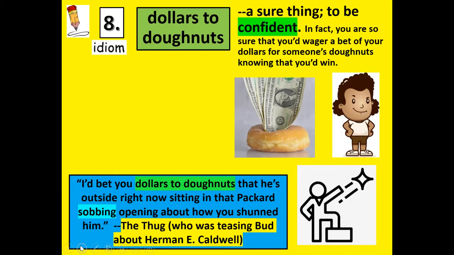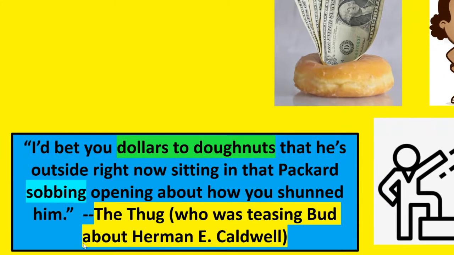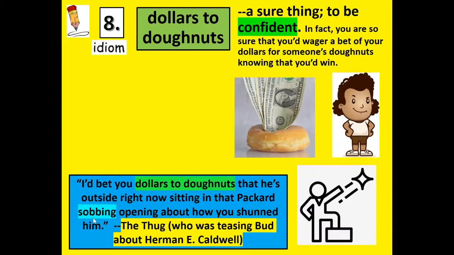And then here's our quote. I'd bet you dollars to donuts that he's outside right now, sitting in that Packard, sobbing, carrying on about how you shunned him. And this is the thug who was teasing Bud about Herman E. Calloway, called Herman E. Calloway. I said Caldwell, but it's Calloway.